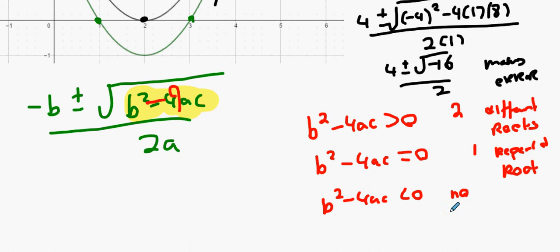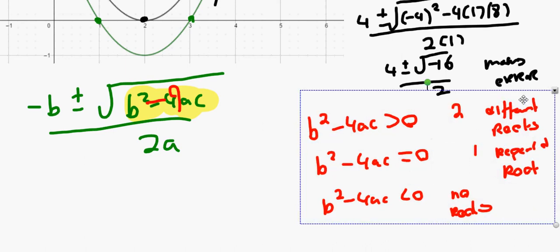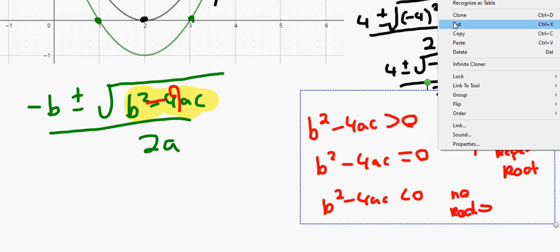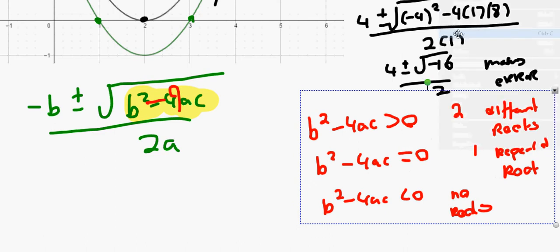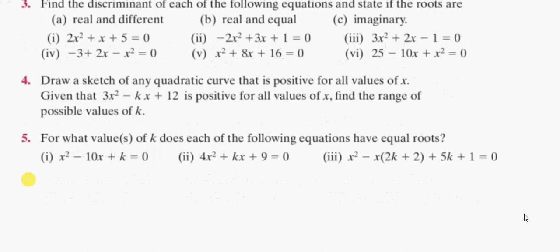No roots. It doesn't cross the axis. Does that make sense? So, I grab these here, group them, copy them, and I bring it to this page here. Alright, and I'll just paste it here.